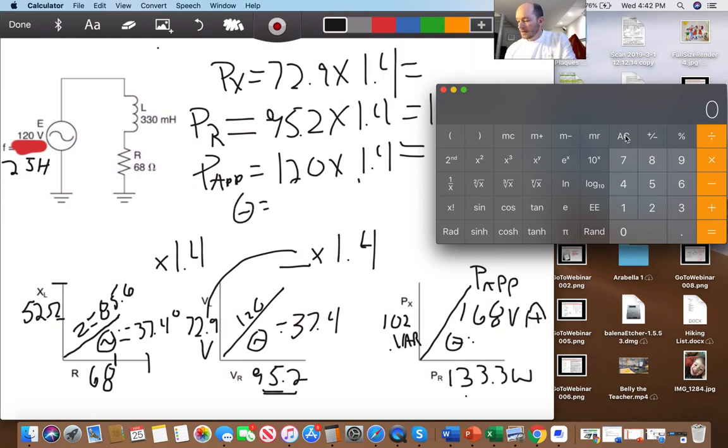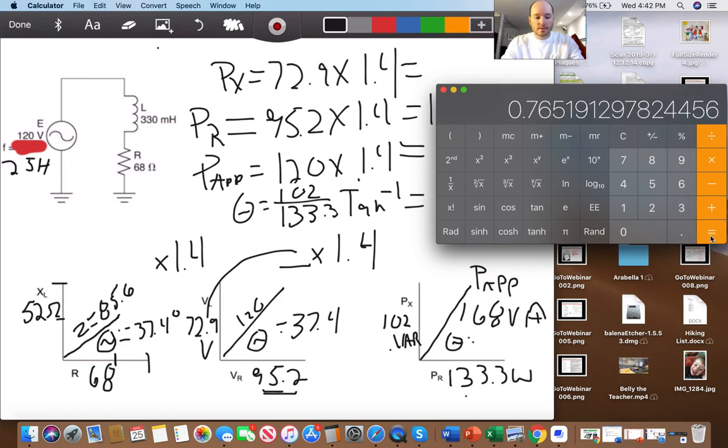So this is going to be 102 over 133.3, and then we'll take the inverse tangent of that. Yep, I think that tiredness is definitely kicking in. So 102 divided by 133.3 equals, inverse tangent. Dead on again. 37.4 degrees, as predicted.